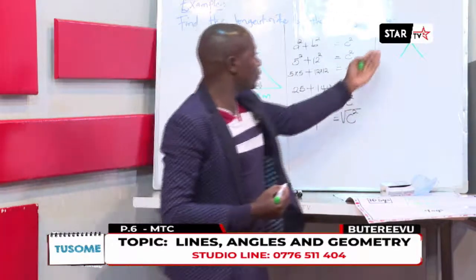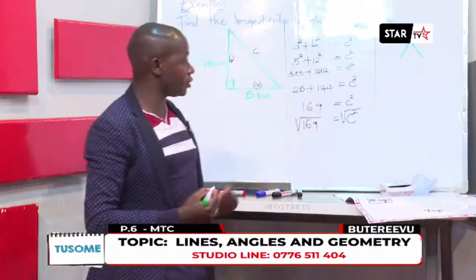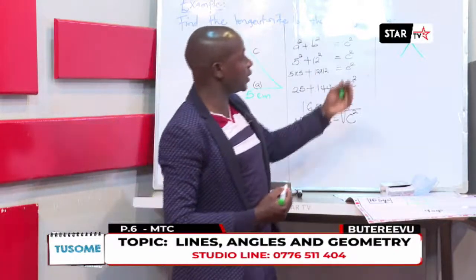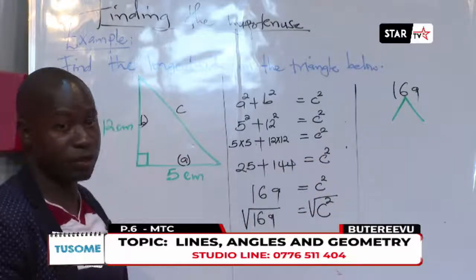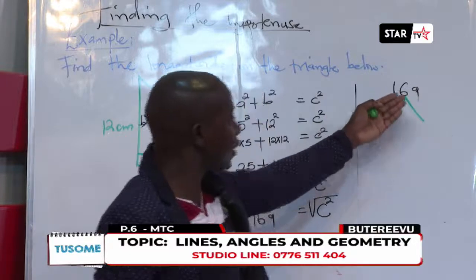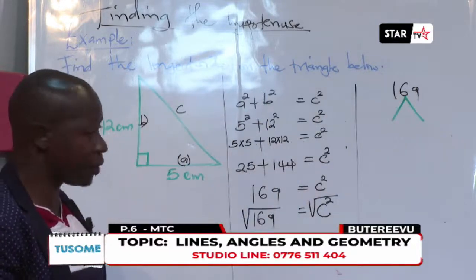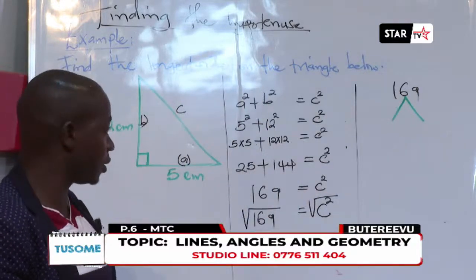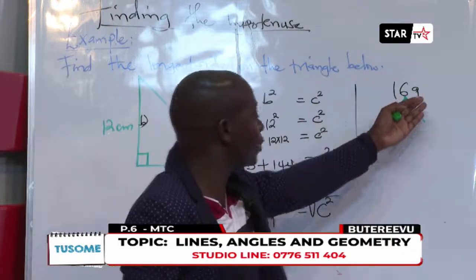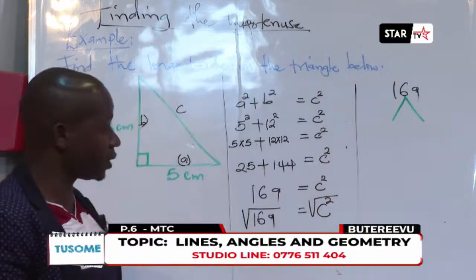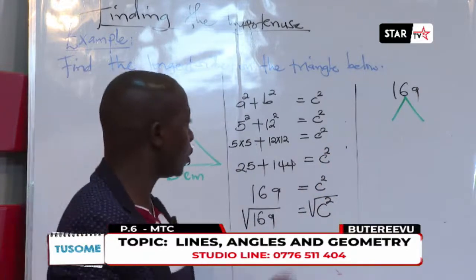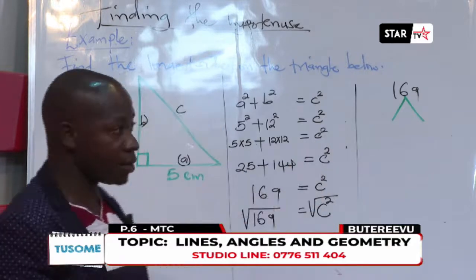For example, 169, is it exactly divisible by 2? No. We go to the next prime number, which is 3. When you add 1, 6 and 9, the sum is not a multiple of 3. So it is not exactly divisible by 3.